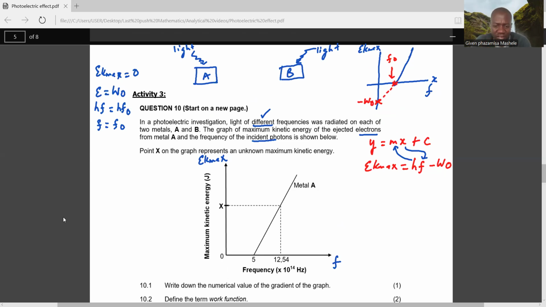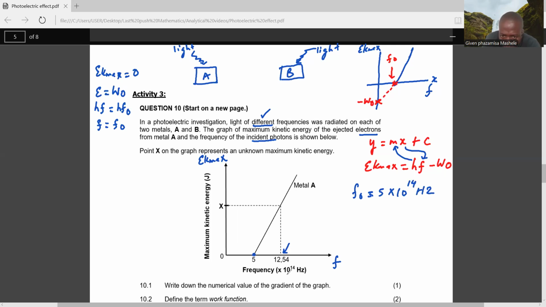I think I've explained this. Now, if you look at the graph, it says point X on the graph represents an unknown kinetic maximum. So this point here is actually the frequency of light, because here, this is the cutoff. You already have a cutoff frequency of 5 times 10 to the power 14 hertz.